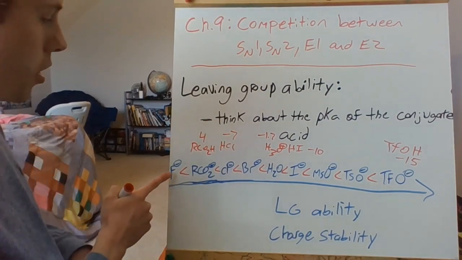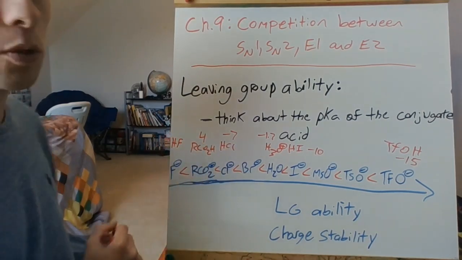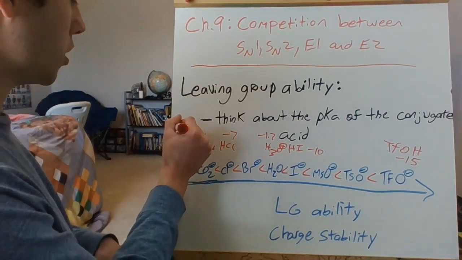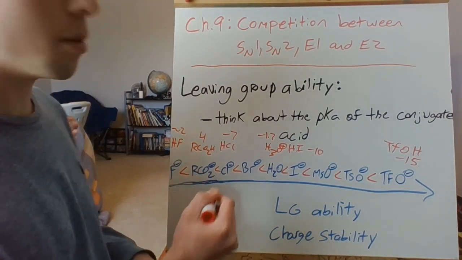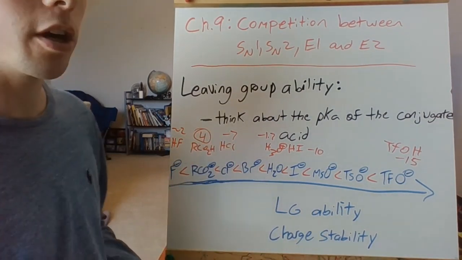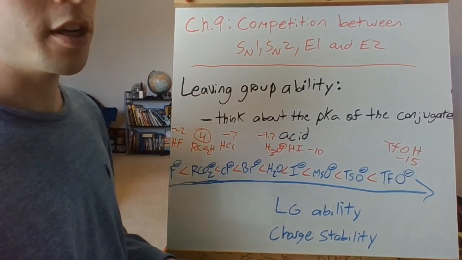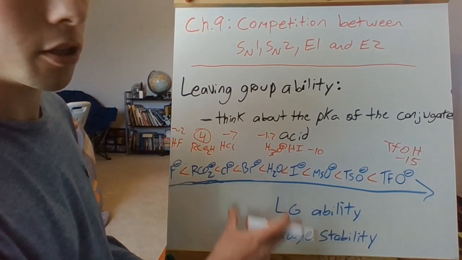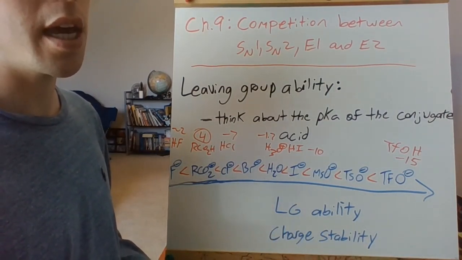And then all the way over here on the side we have F minus, and the conjugate acid would be HF, where the pKa is about 2. Notice the highest number we have here is our 4 for our carboxylic acid. In general, if you're looking for a leaving group, think about when it pops off, it takes electrons with it. What does that conjugate acid look like, and what is the pKa of that?